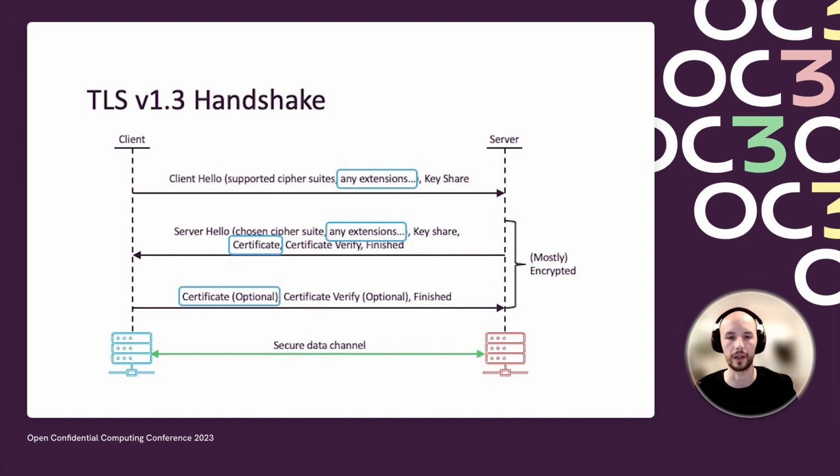And the certificate messages are then used to actually carry the attestation credentials. And these attestation credentials can be carried in the certificate message either alongside X509 certificates or instead of the X509 certificates on their own.